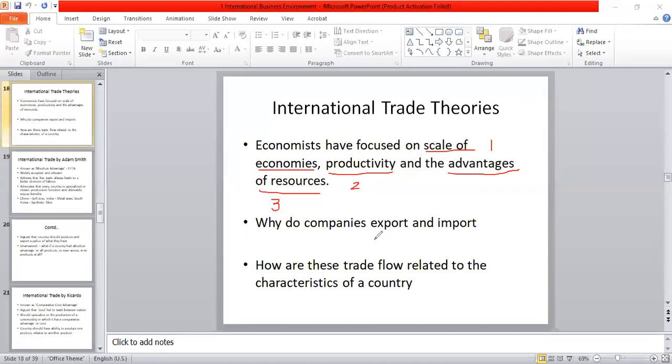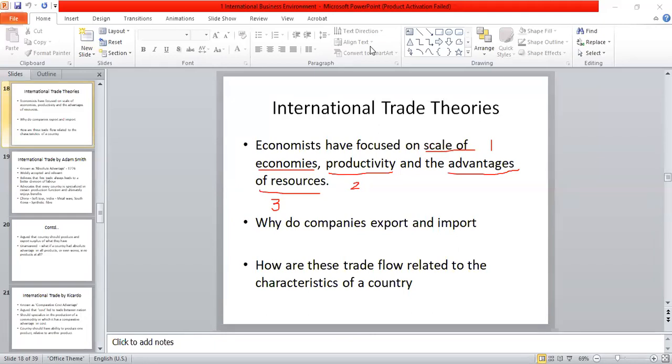Why do companies go for import? Am I reaching you? So please understand why companies are going for import.